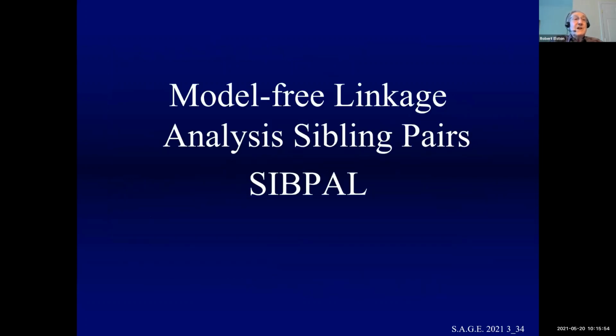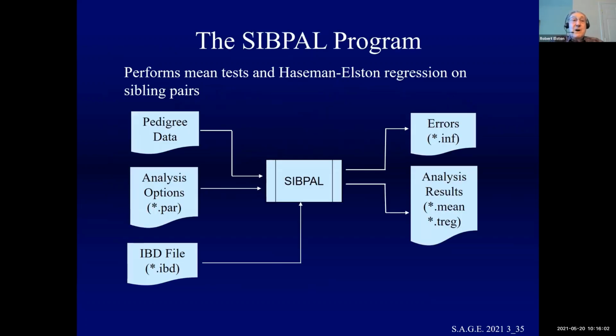So let's consider model-free linkage analysis using sibling pairs, and we shall talk about the program SIBPAL. Before we go any further, you should look at the manual. Originally in SIBPAL, we not only allowed for full sibling pairs, we also allowed for half sibling pairs.